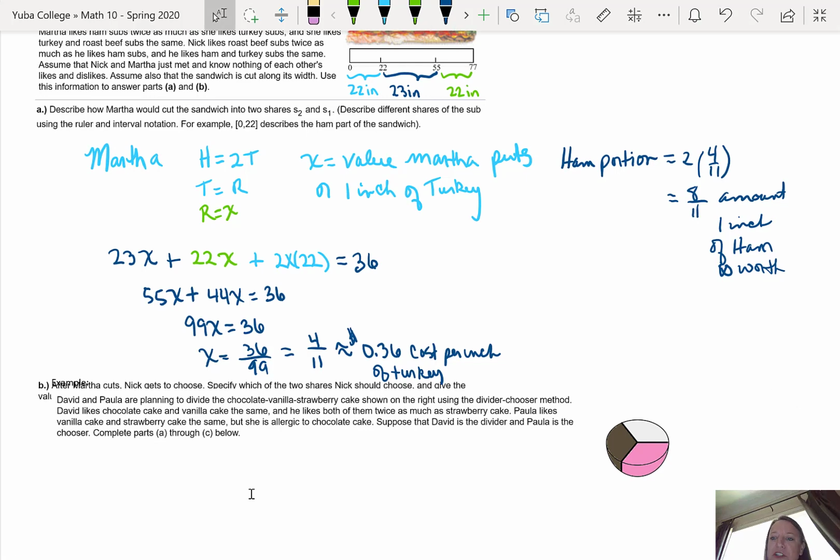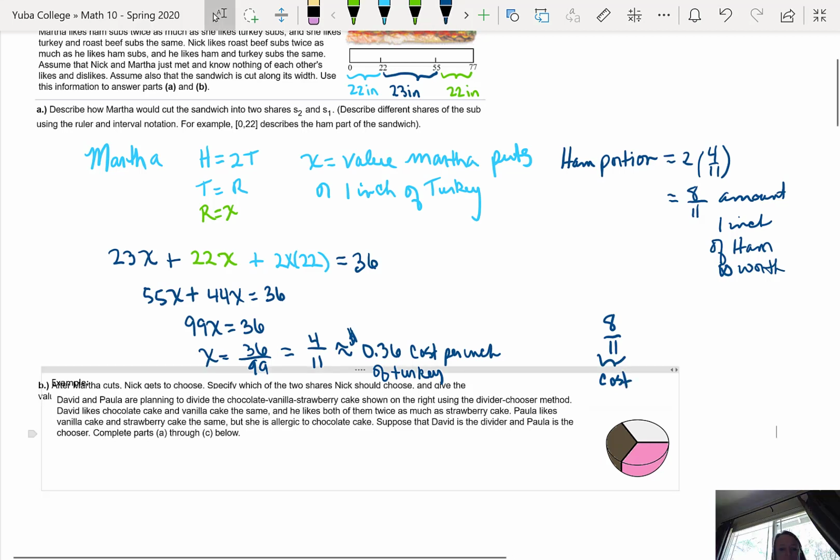So our ham portion, well, it's 8/11 cost per inch times how many inches there are. Let me move this down.